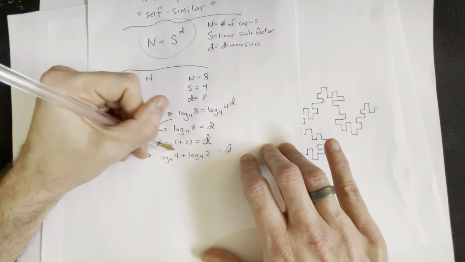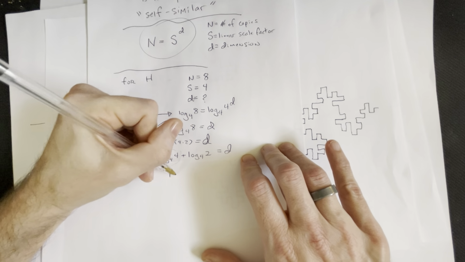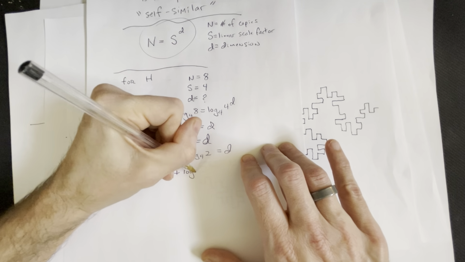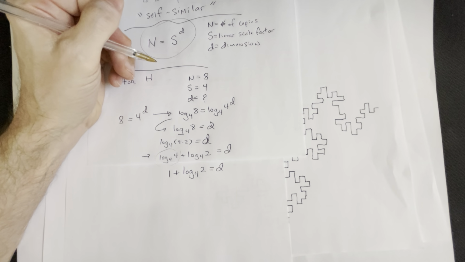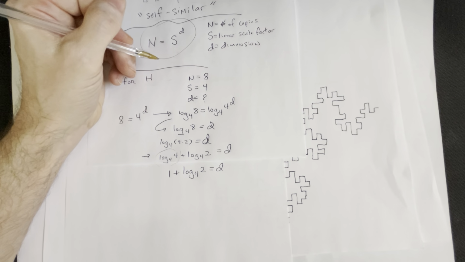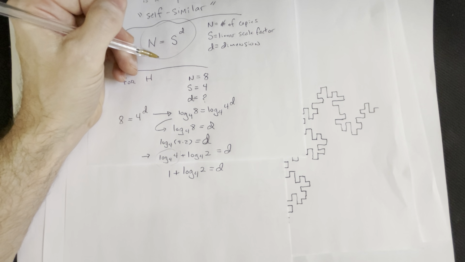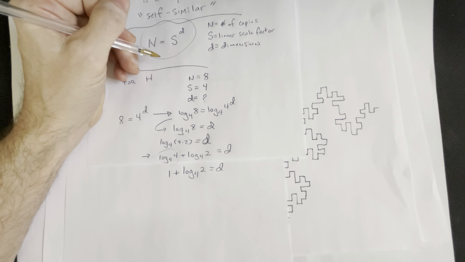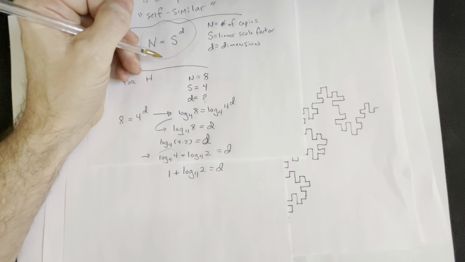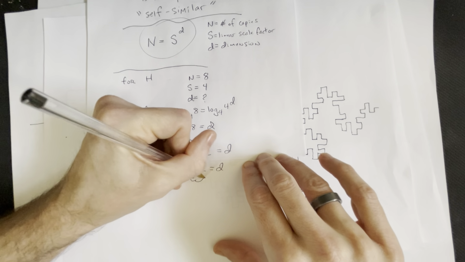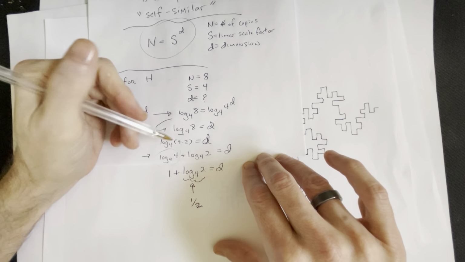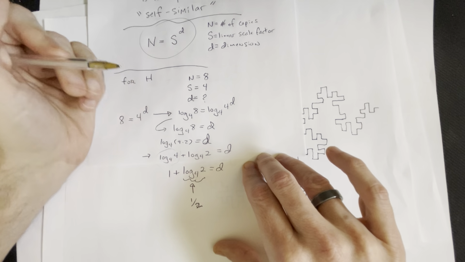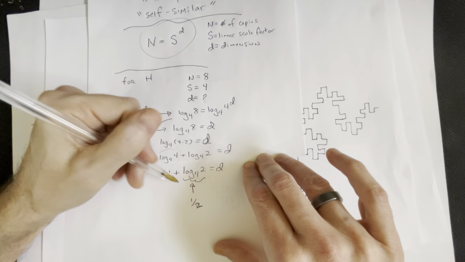Well, again, this guy's just 1. So I get 1 plus log base 4 of 2 equals D. Okay, that might be easier to think about. What is the log base 4 of 2? That's saying 4 to what power gives me 2? Oh, square root of 4 is 2. So actually this guy here, this is a half. Right? 4 to the 1/2 power gives me 2. Therefore, log base 4 of 2 is a half.